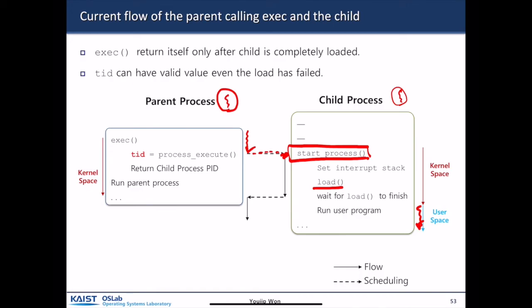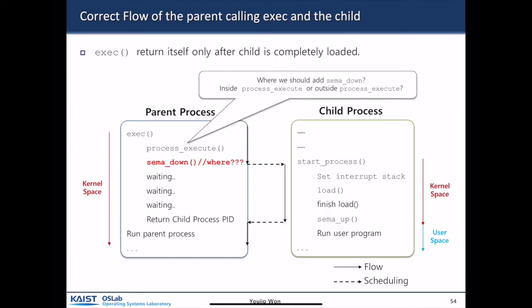And then both of these two processes can continue in parallel. So this is how you implement the exec function correctly. After exec calls process execute, inside process execute it has to wait with sema down. And then in start process, after it finishes loading, it calls semaphore up.